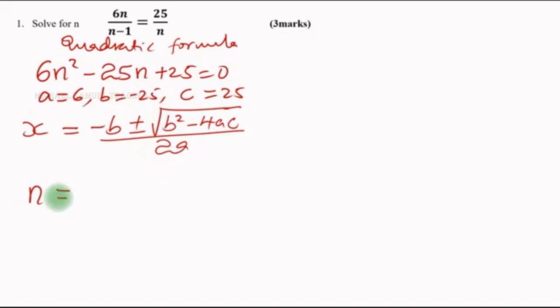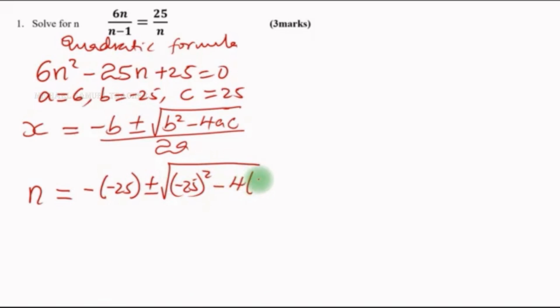So n, that is the value we are looking for, is minus b, but b is minus 25, plus or minus the square root of b, which is minus 25, squared, minus 4, a is 6, and c is 25, all over 2a, a is 6.